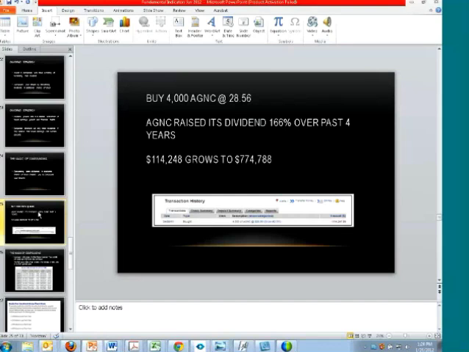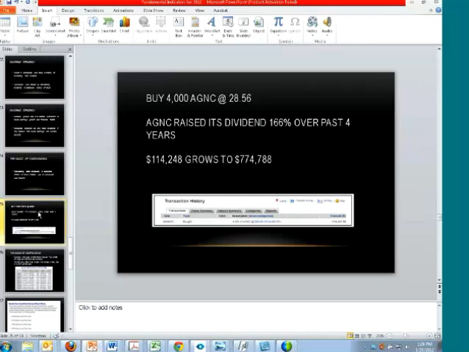So this was a company that had a history of raising their dividends, and so I purchased 4,000 shares, and then I set it up in my brokerage account that when American Capital pays a dividend, I automatically purchase additional shares. As a matter of fact, the dividend for American Capital is going to be put into my account tomorrow.